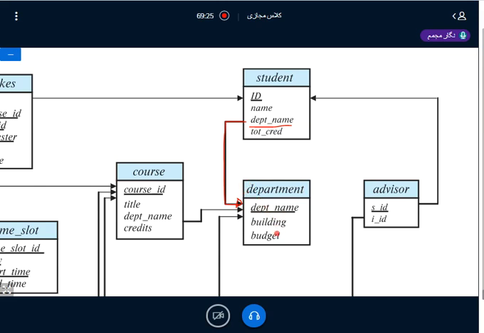In the table department, we have some data about the department. For example, department name, building, budget, and something like this, okay? These attributes explain every department. And when I refer from department name in the student table to the table department, I can find extra data about the department.